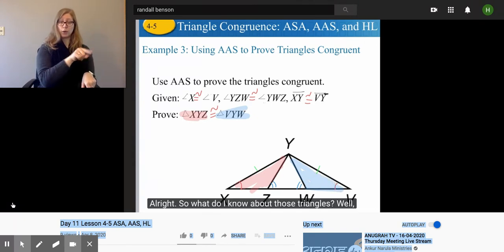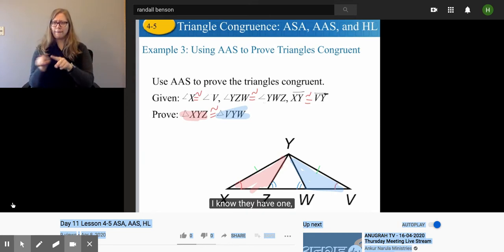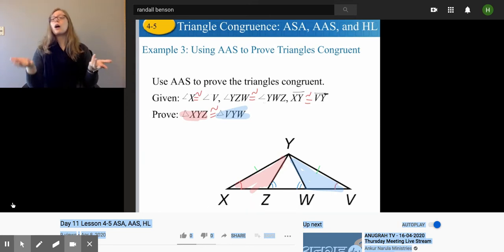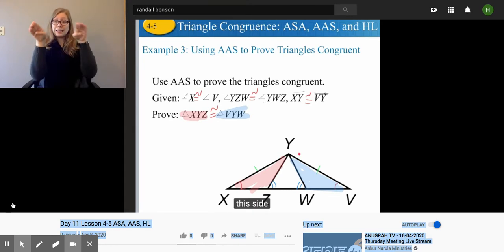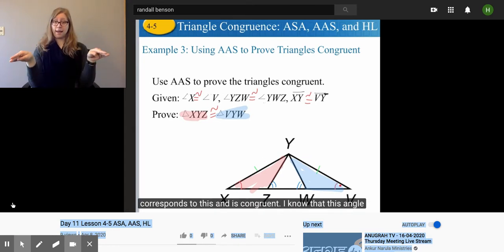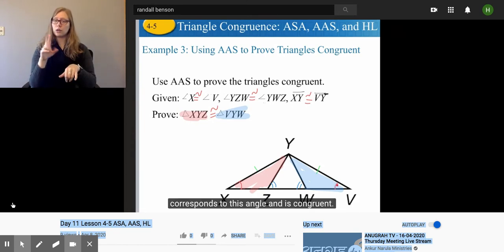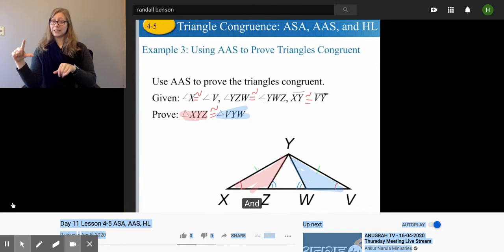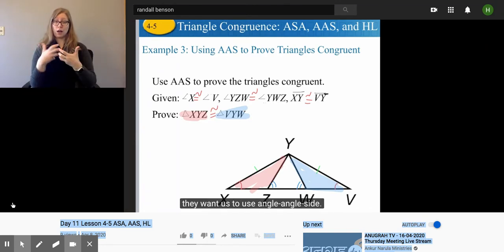All right, so what do I know about those triangles? Well, I know this side corresponds to this and is congruent. I know that this angle corresponds to this angle and is congruent. And they want us to use angle side.